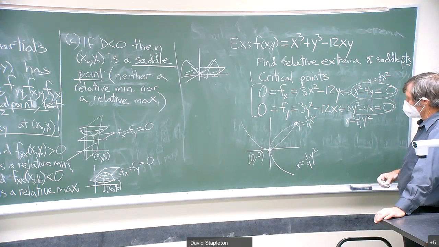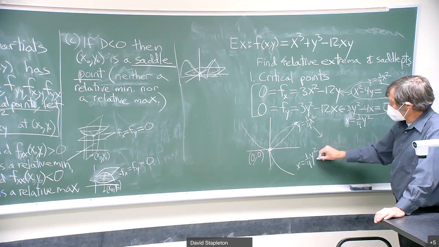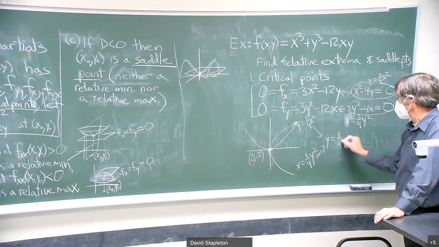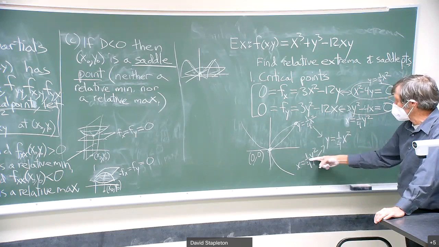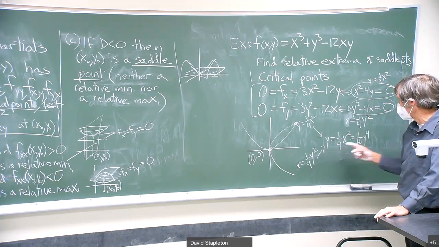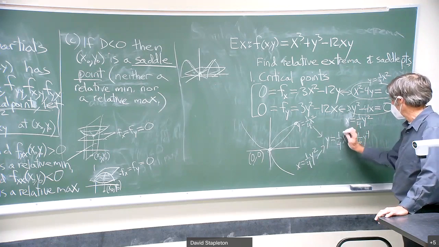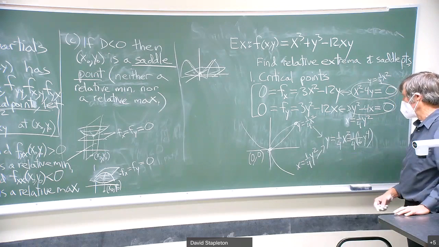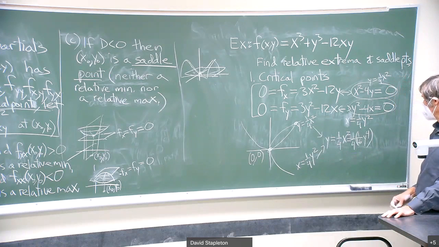Let's put these things together and say, well, if y is 1/4 x squared, but x squared is this squared, it's 1/16 y to the 4th. X is this, then x squared is this. Here 1/4 that equals 1/4, and replace x squared with 1/16 y to the 4th.